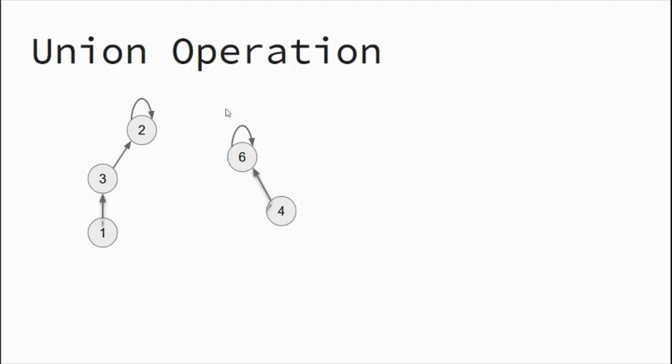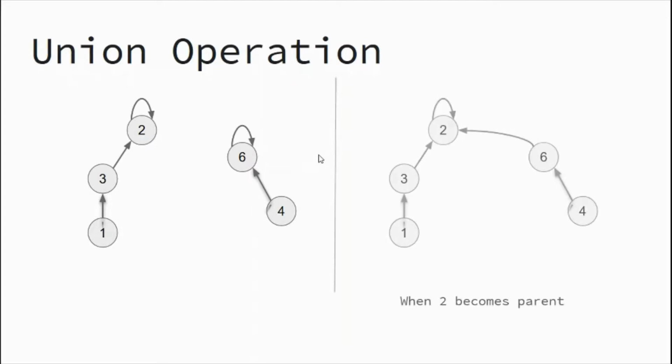So in the union operation, when we have to merge two different sets into a single set, all we have to do is change the pointer of one of the parents to point to another. So if I have to merge these two sets, all I have to do is make 6 point to 2. This way we would have a single merged set and only a single parent pointer.